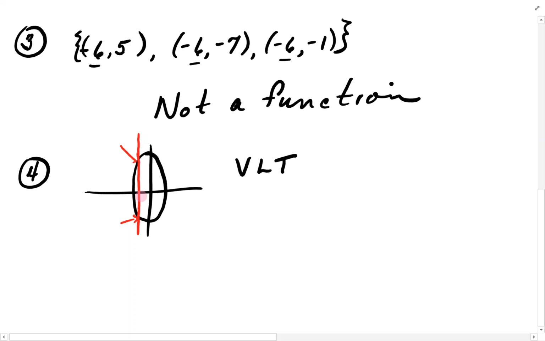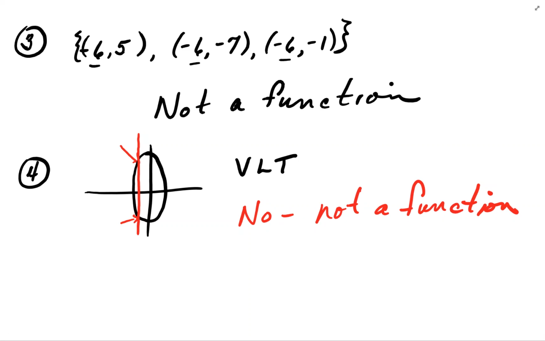When x is, I'm going to say, -3, there is one y down here and one y up here, so that x value has different y's. So this one fails, and no, it's not a function. It failed the vertical line test.